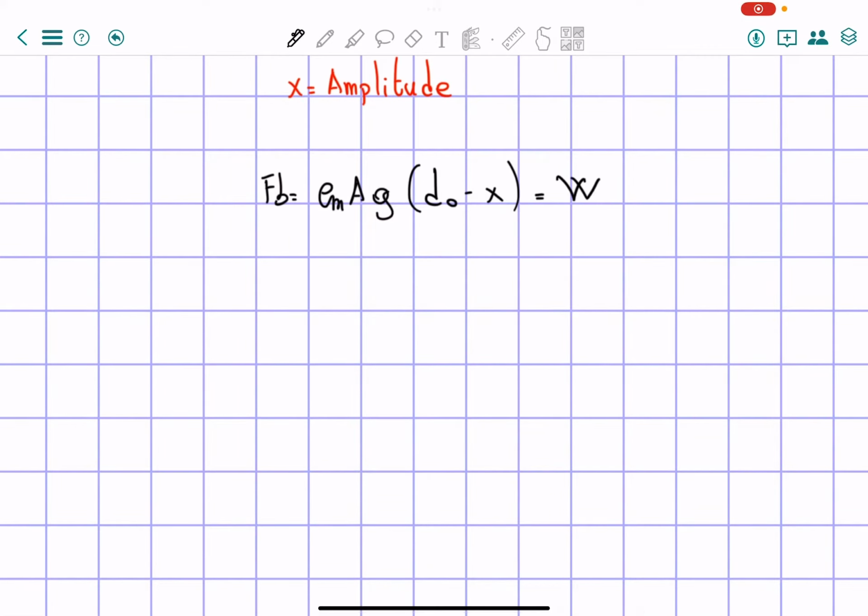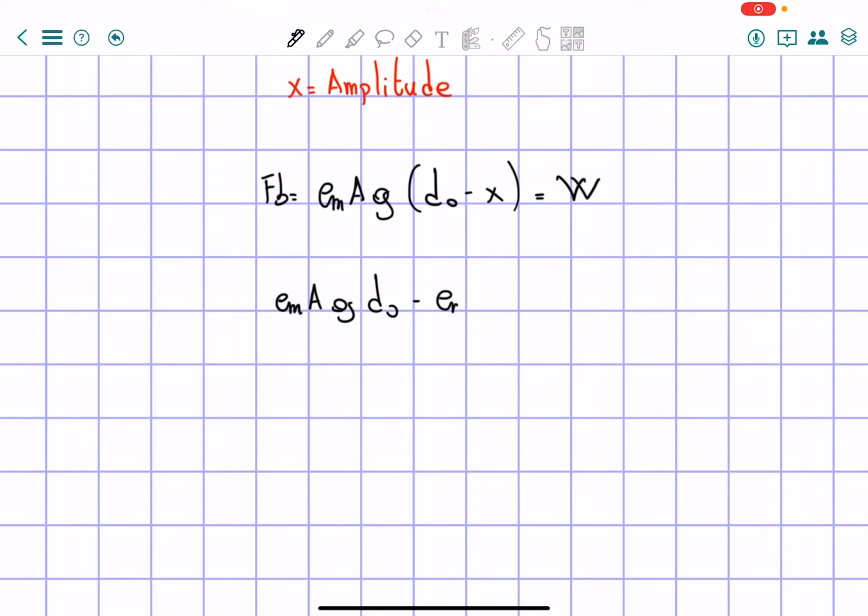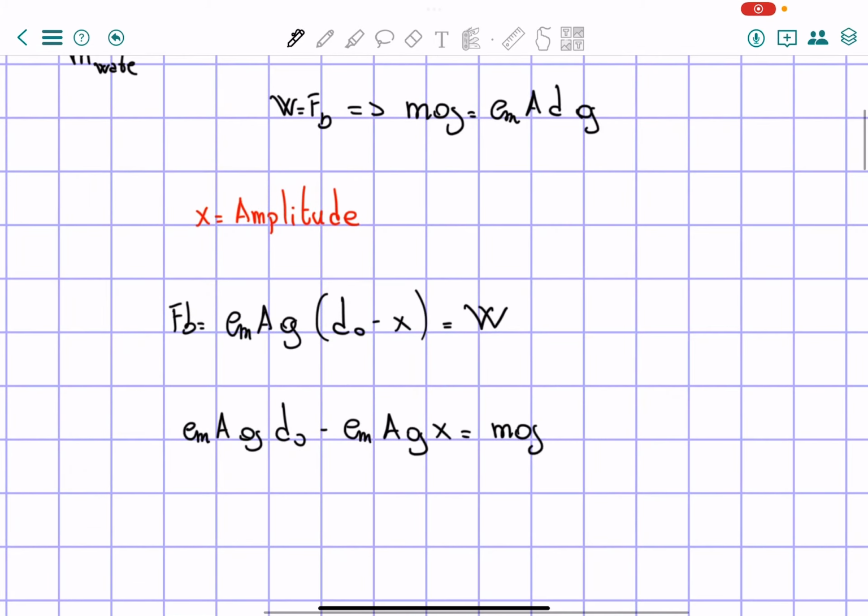So now let's look. We have the density of water times the area times the acceleration times the first d naught, so when it's at perfect equilibrium, minus the density of water times the area times the acceleration times the displacement from the equilibrium position. So the amplitude equals always mg. Now we said from before that mg is the same as this.